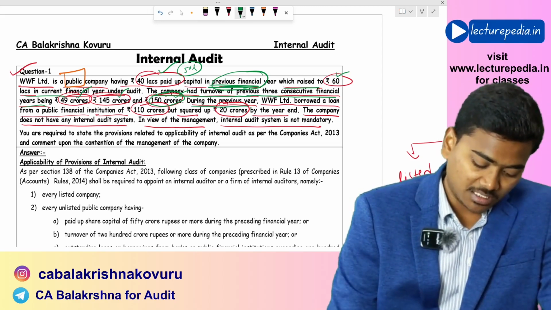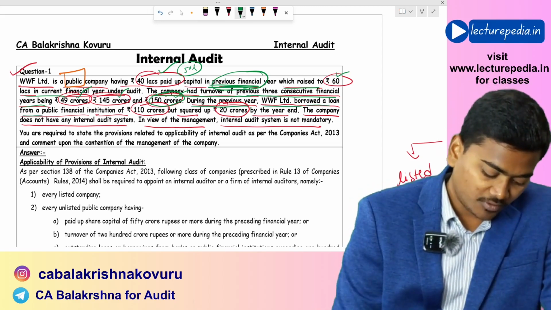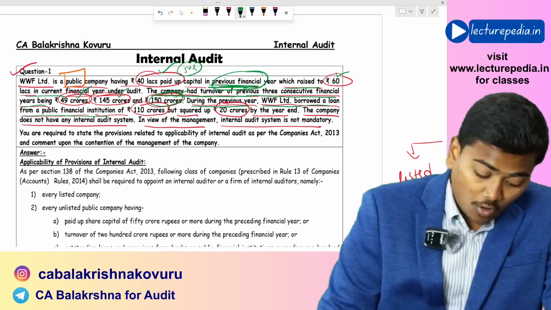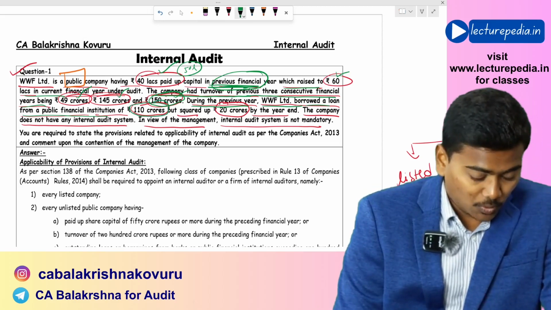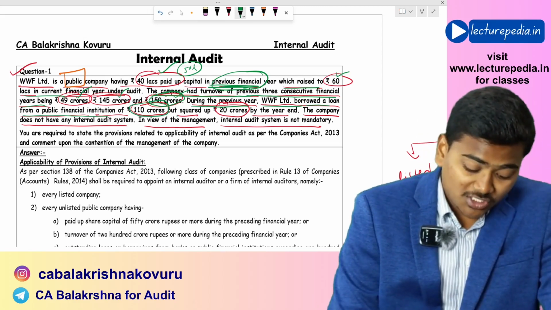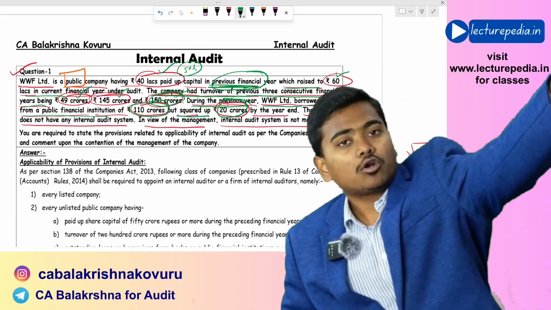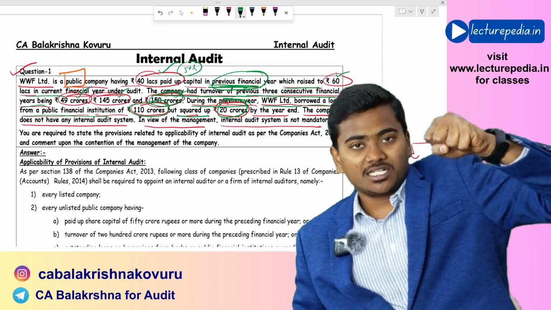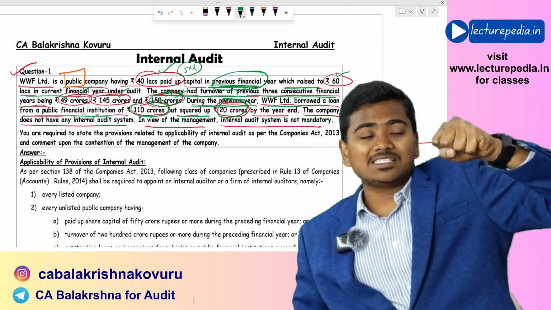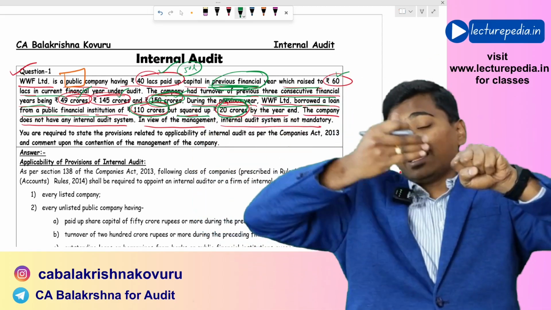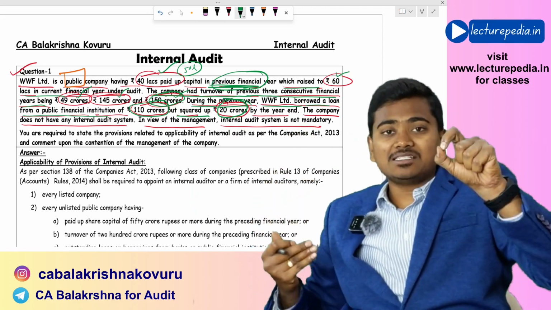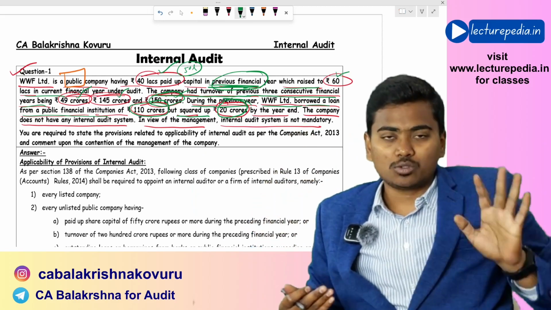During the previous year, WWF Limited borrowed a loan from a public financial institution of 110 crores, but squared up 20 crores. That means during the year it has borrowed 110 crores. Of these 110 crores, during the year it has repaid 20 crores. That means at the end of the financial year, it is having only 90 crores outstanding.